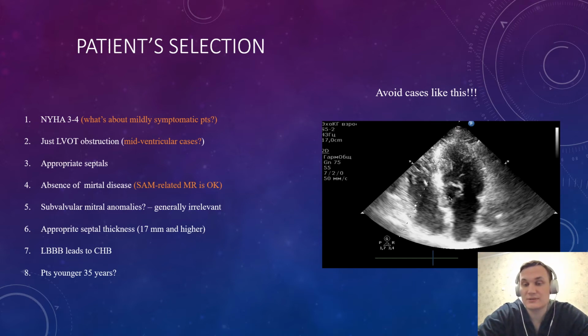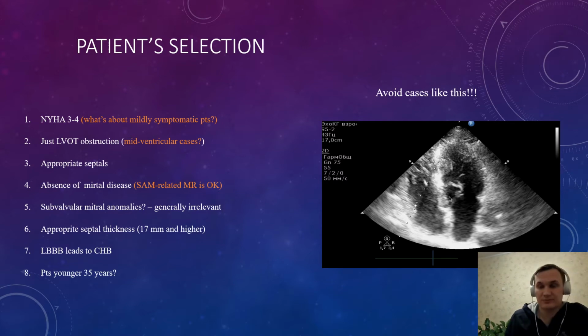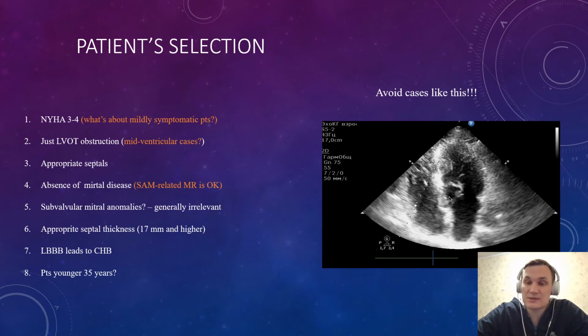Appropriate septals, it is a very interesting one, because it is very rare when we don't have appropriate perforators. For example, if we have a previously implanted stent in the proximal segment of the LAD, but generally in most cases I realize that most of the septals are appropriate, even if they're less than 1 millimeter in diameter.